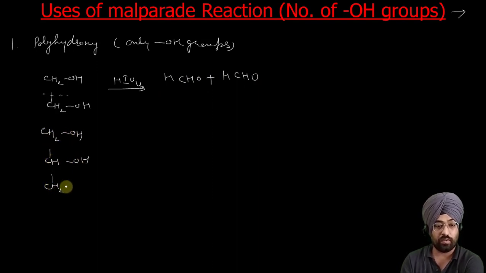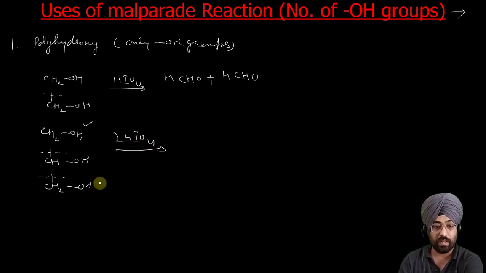Now let us come to the next, CH2OH-CHOH-CH2OH, 3 OH groups per molecule, and two carbon-carbon bonds will break. Now we need 2 moles of HIO4. We will get HCHO from the terminal groups, and the internal alcohol will give formic acid.